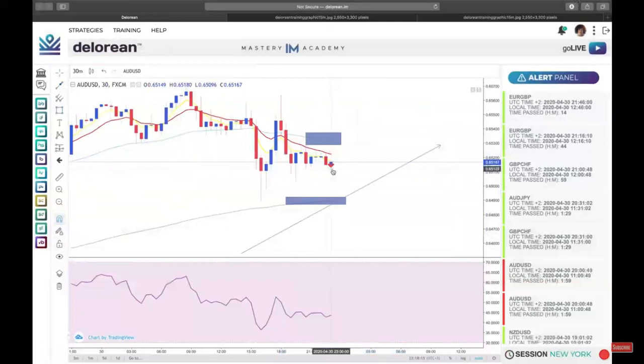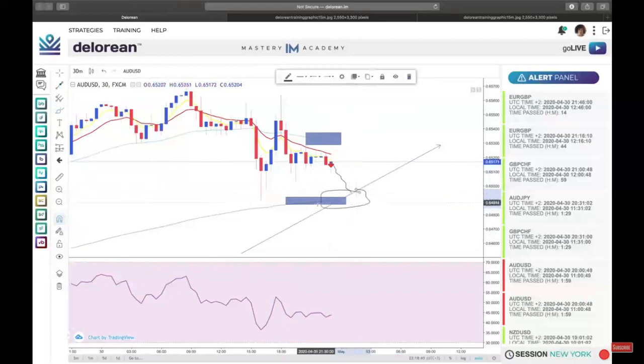Here's the catch-22. What you need to have happen is you need to have this market show its hand, come down to the gray. The aqua will be above you, the gray will be below you. The moment the market comes down to the gray, that's when you're touching the gray, you're looking for Delorean setups.